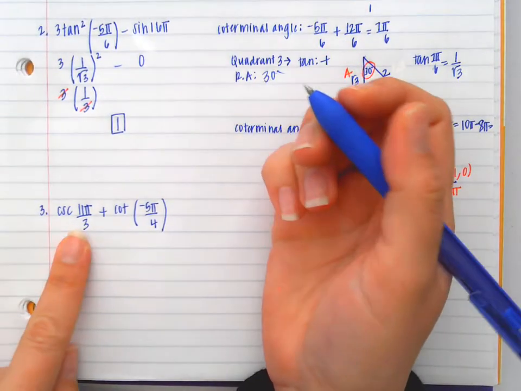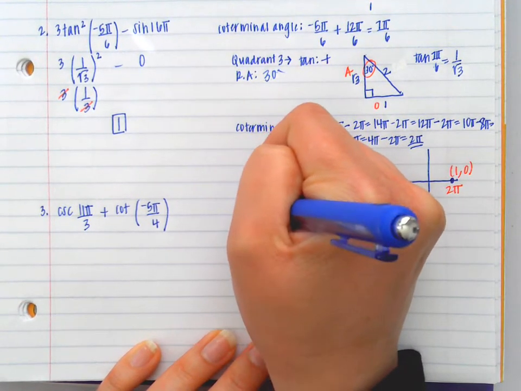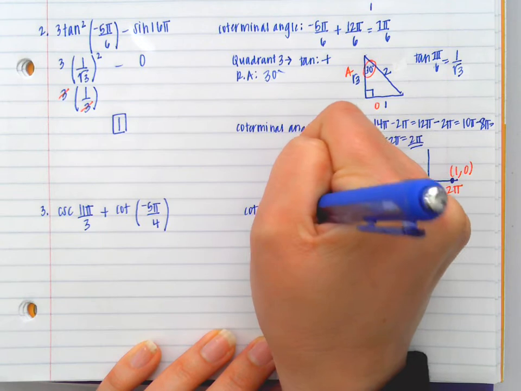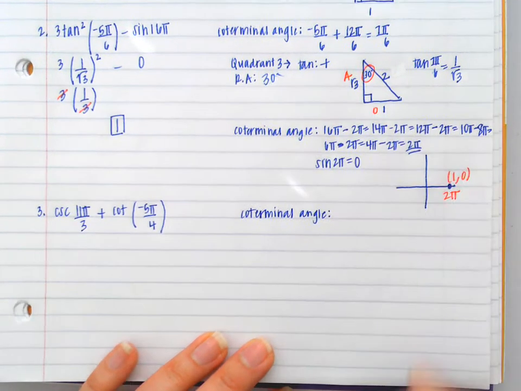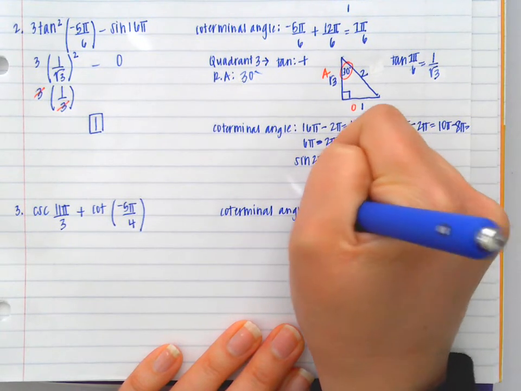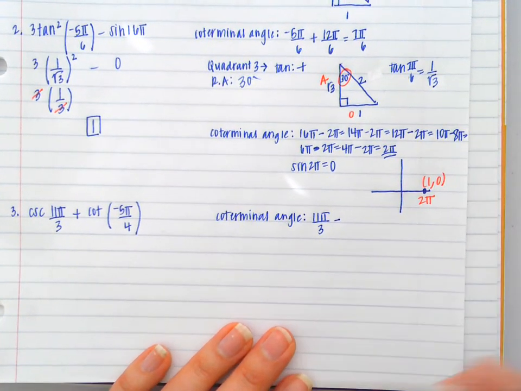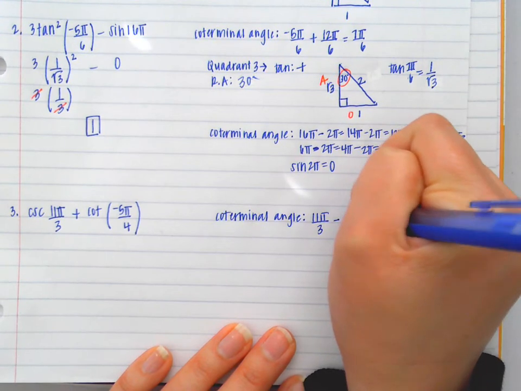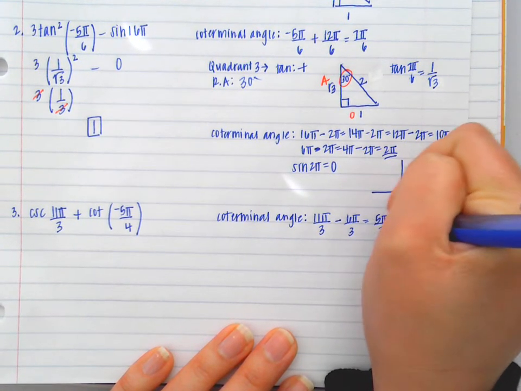So first one, 11 pi over 3 is greater than 2 pi. So I'm going to find the coterminal angle. 11 pi over 3, when I subtract 2 pi, that's going to be 6 pi over 3, which gets me 5 pi over 3.